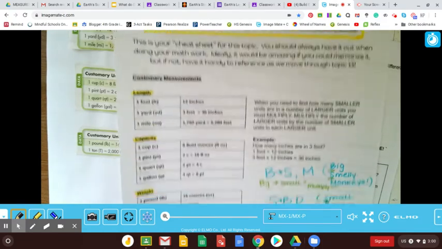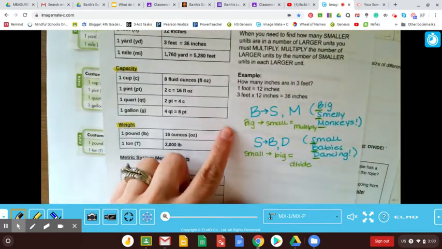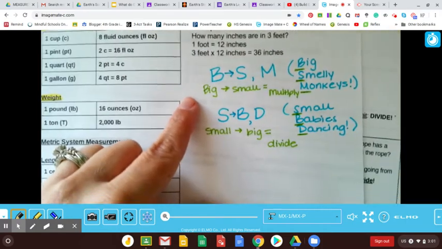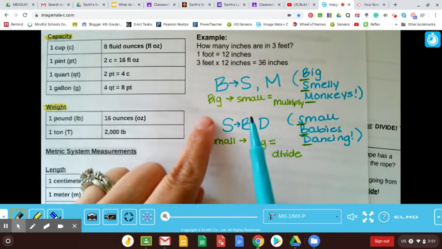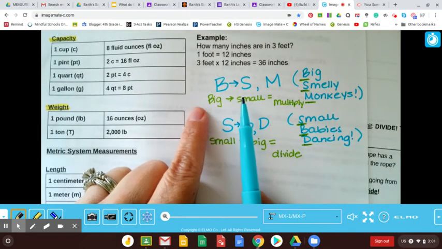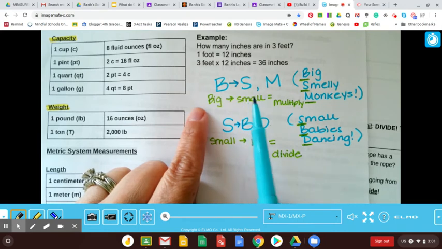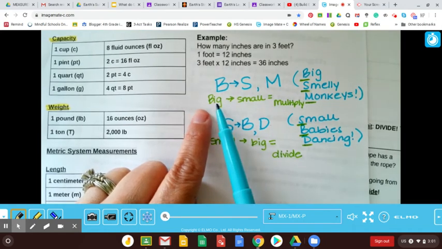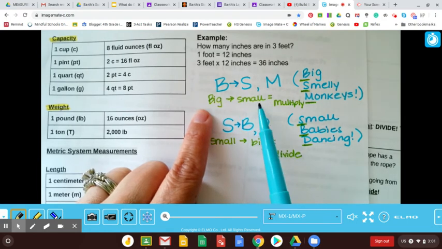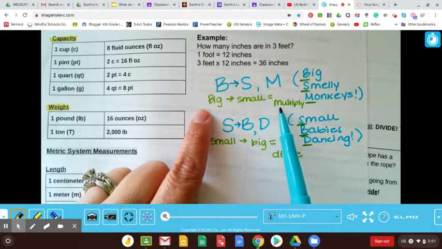I want to add a little something to your cheat sheet today. I don't know if you remember, but yesterday we were talking on Zoom. I also had it in my video yesterday: ways to remember how to convert customary measurement. So we came up with some acronyms. BSM. When you start with a bigger unit and you go to a small unit, you want to multiply.